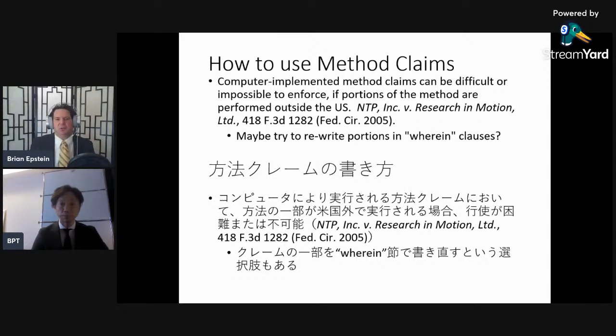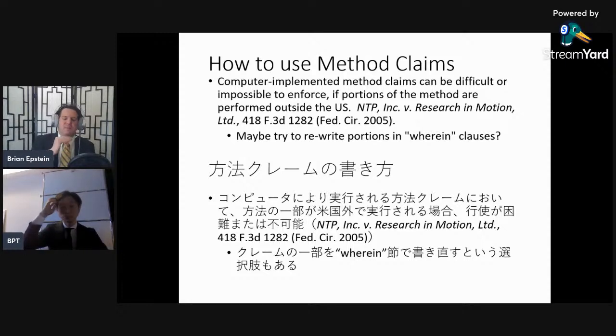I don't know anything that's really addressed this in terms of a workaround. But what I try to do is to rewrite portions of my method claims into a wherein clause rather than an affirmative step, if it's something that I think is likely to be performed in another country, right? So maybe some sort of data is transmitted from Canada into the United States.